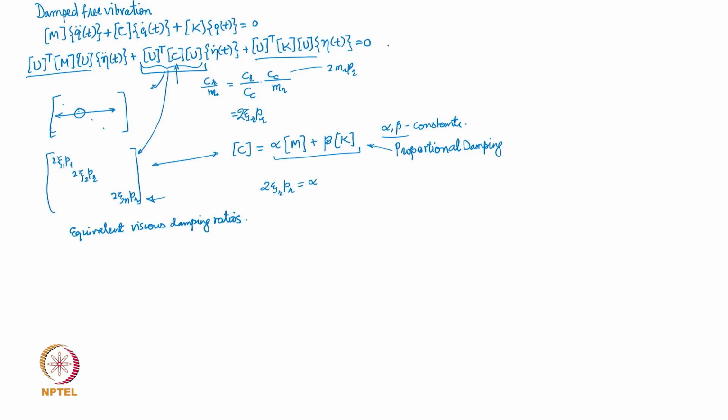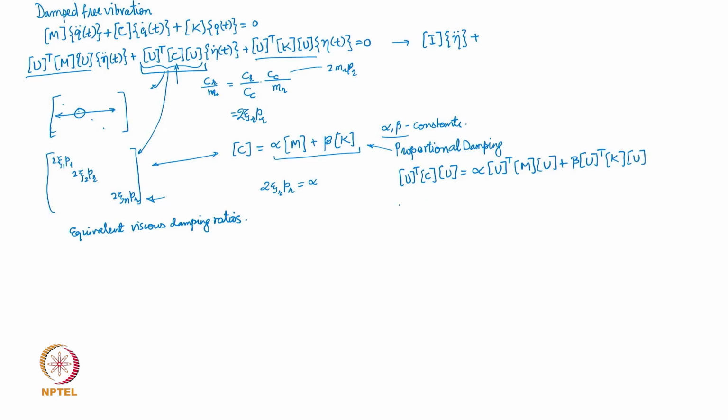So, for example, if I convert this equation, there is going to be an identity matrix here with eta double dot, plus, if I pre and post multiply this particular equation, it will turn out to be u transpose C u equal to alpha u transpose m u plus beta u transpose k u, isn't it?